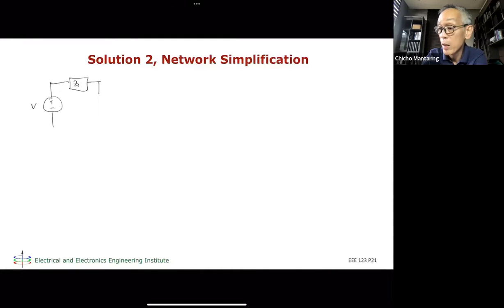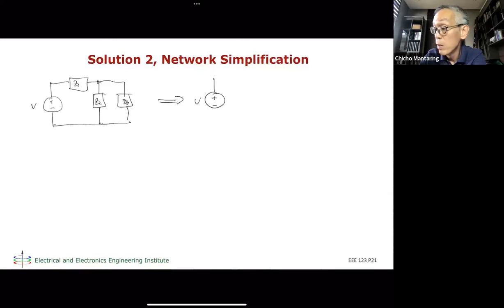J1, J2, J3. We could have simplified this, no? Na isang J equivalent lang. Where J equivalent is J1 plus J2 in parallel with J3.